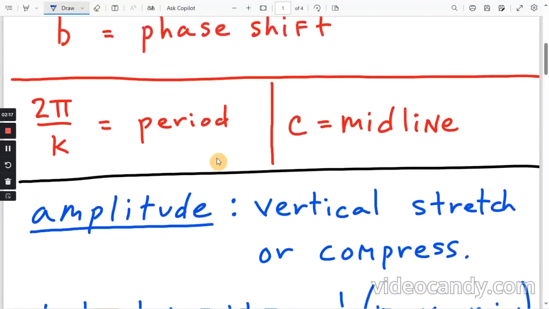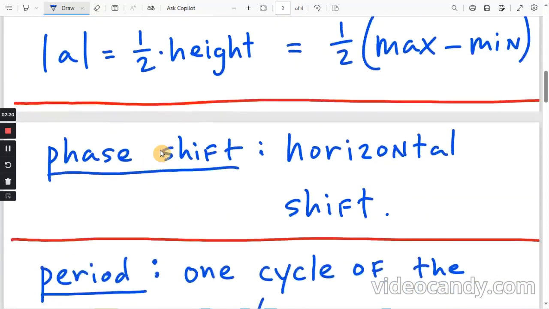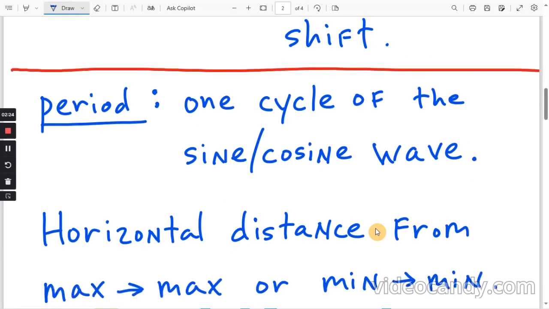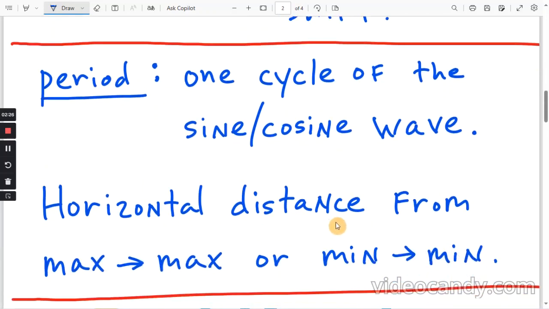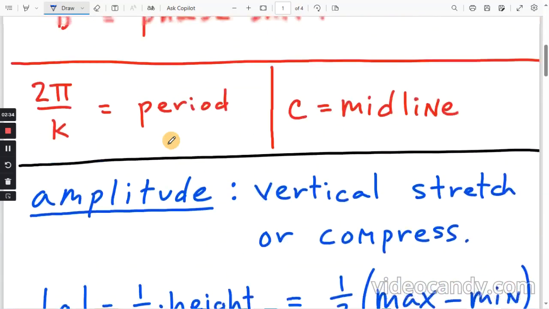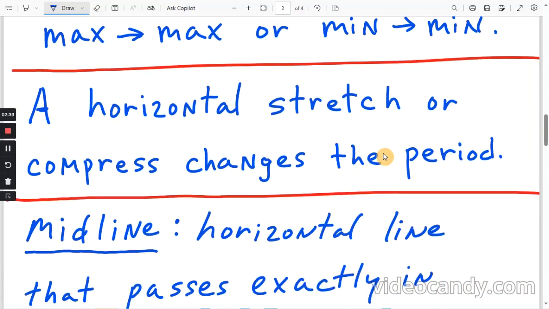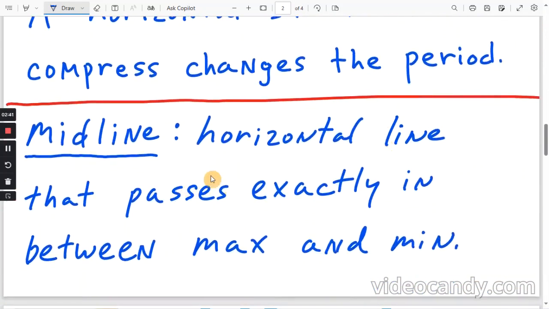And finally, the period is going to be 1 cycle of the sine or cosine wave. It's basically the horizontal distance from the maximum to the maximum or the minimum to the minimum. Again, I'm going to show you on the graph. And finally, c, the midline. The definition is the horizontal line that passes exactly in between the maximum and the minimum.